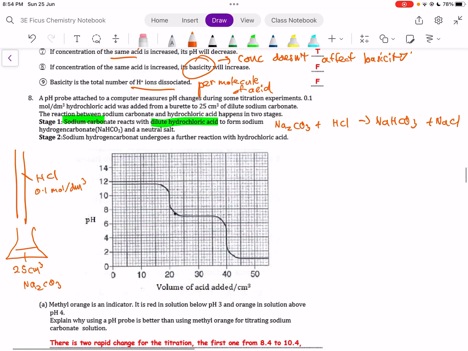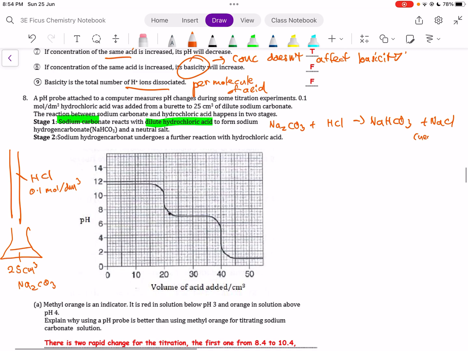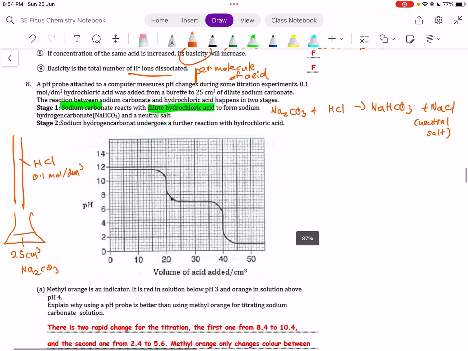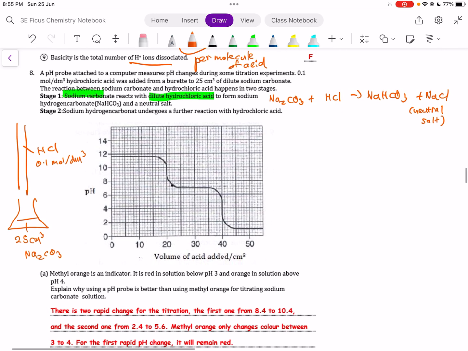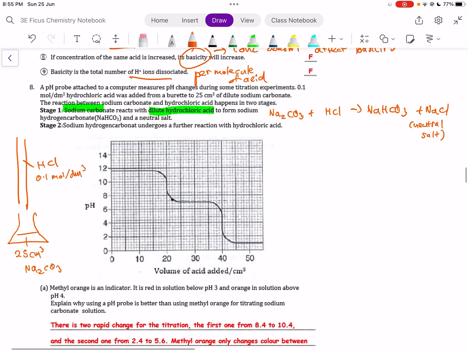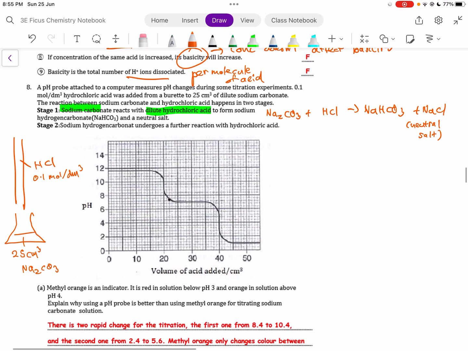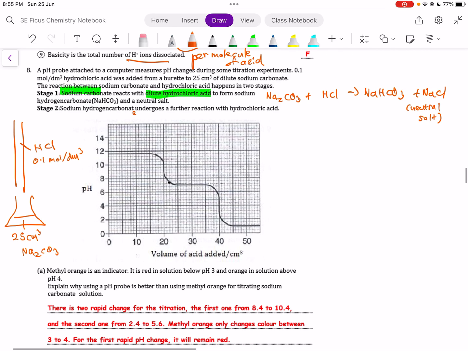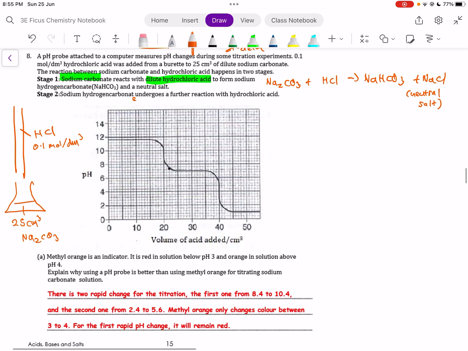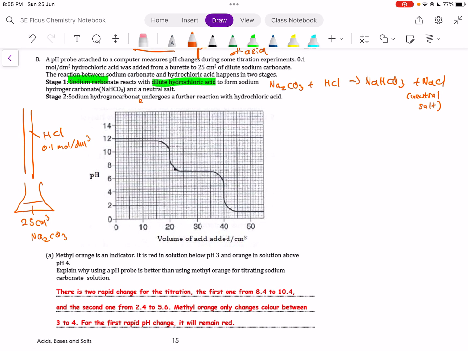So that's the neutral salt, if you are wondering why. Then sodium hydrogen carbonate undergoes a further reaction with hydrochloric acid. That's why you experience two rapid pH changes.